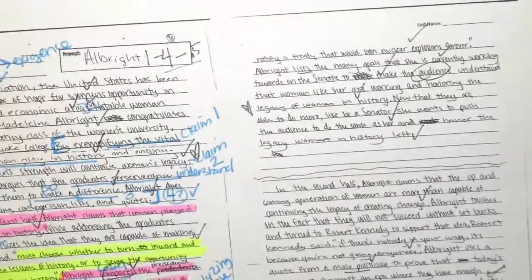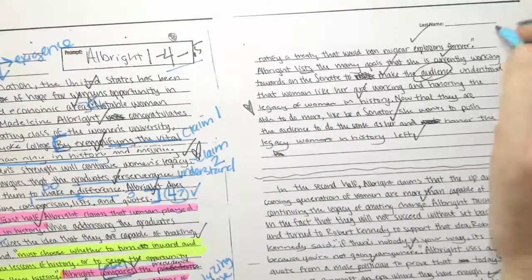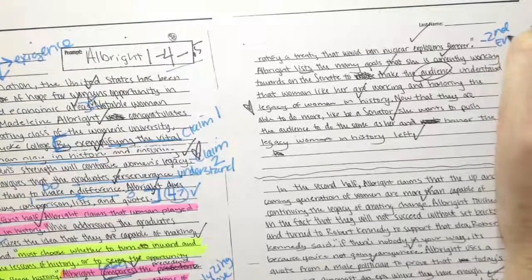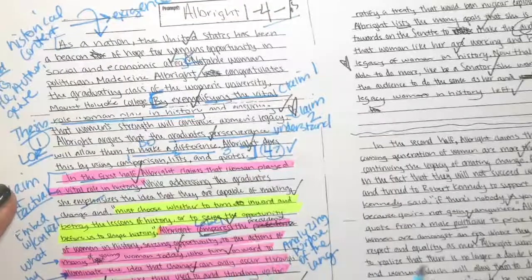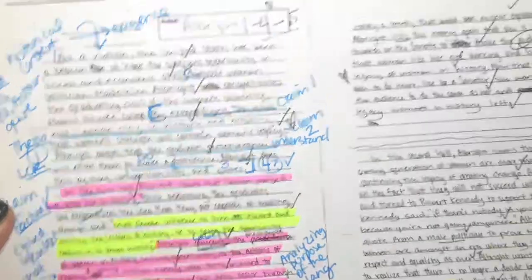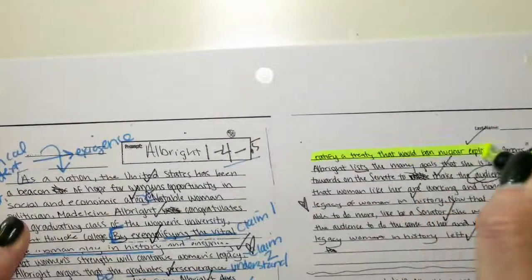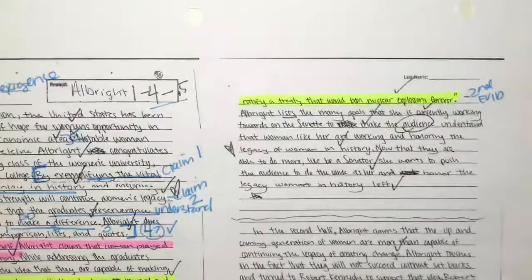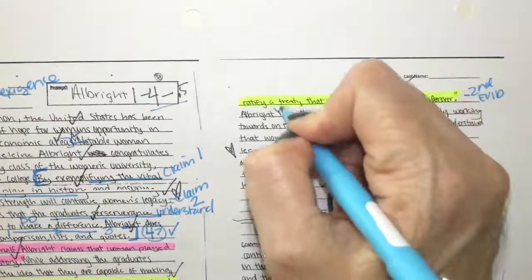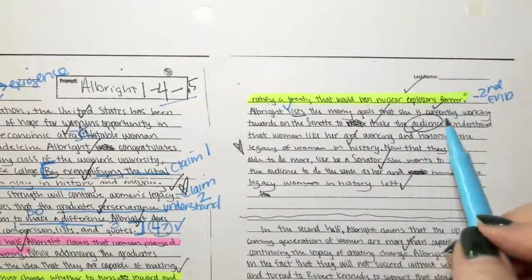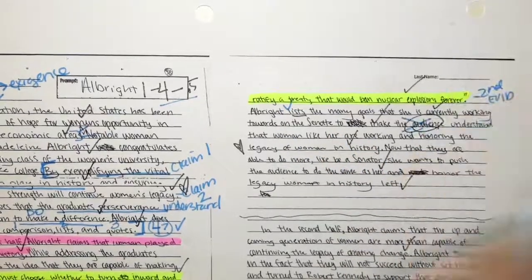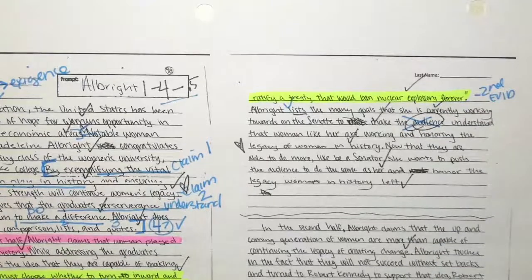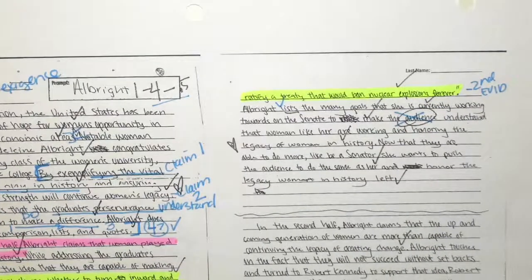Okay, so there's our second evidence. Albright lists, there's our label, the many goals that she is currently working towards on the Senate to make the audience, marking out the audience, understand that women like her are working and honoring the legacy of women in history.